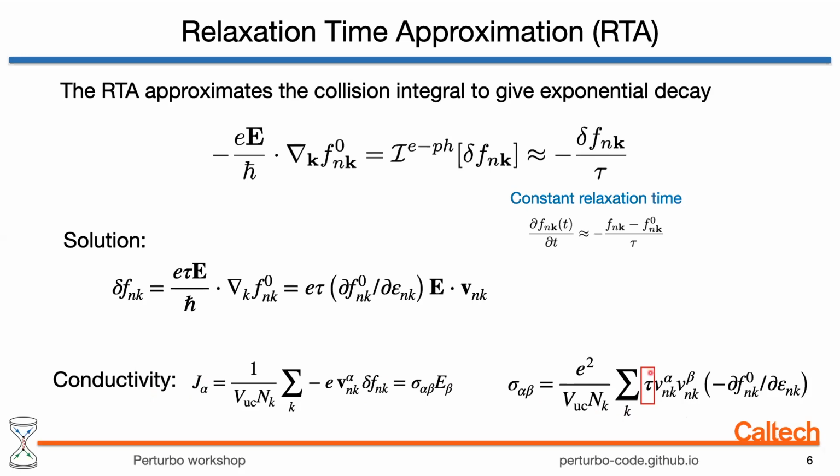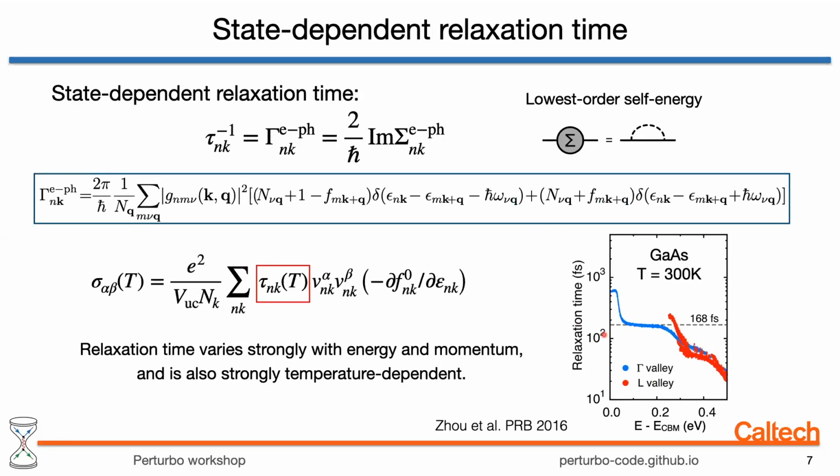As you can see, this now depends on this constant relaxation time tau. That method is what's usually done in very simplistic models, such as toy models. And this constant tau is often found by fitting to experiments or using some very simple theories to give a value for this tau.